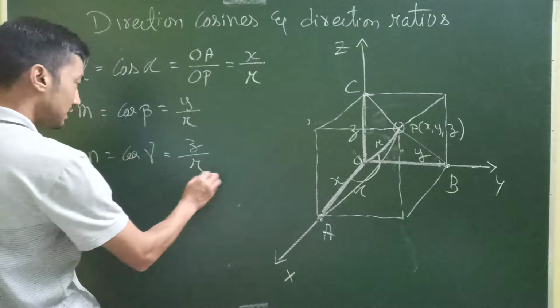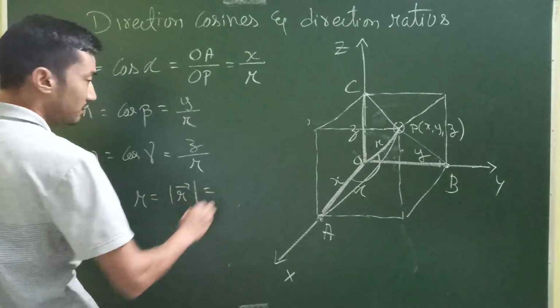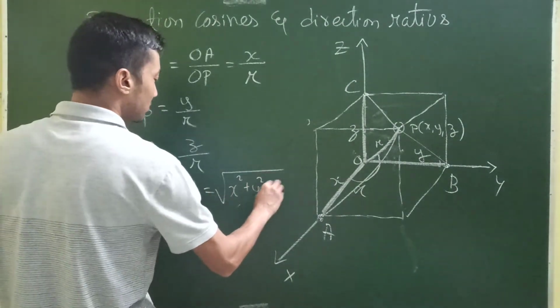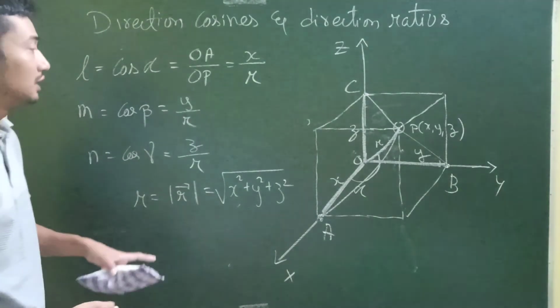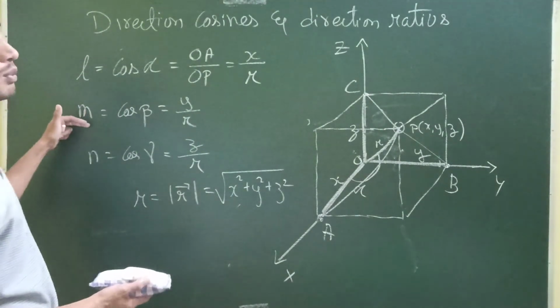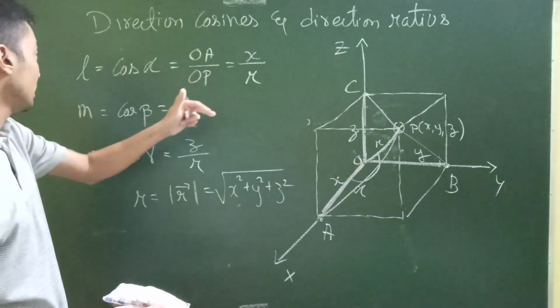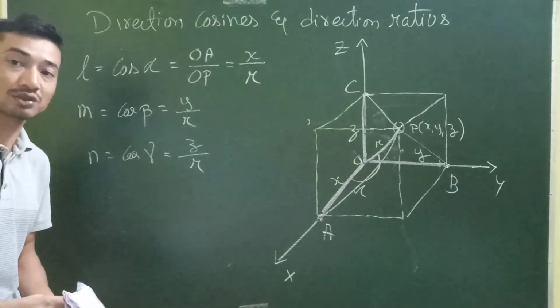And don't forget, R is the magnitude of the position vector of the given point, that is, square root of X square plus Y square plus Z square. That's how we find the direction cosines of a point X, Y, Z given to us in space.